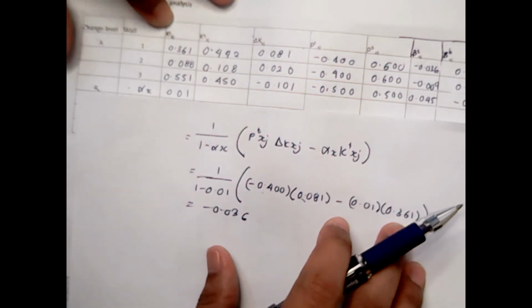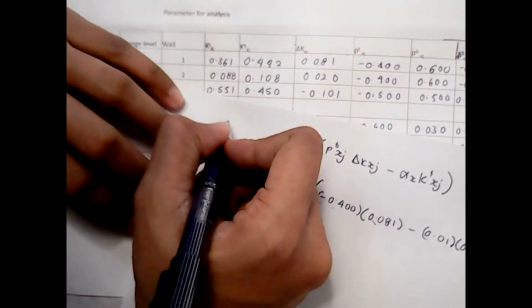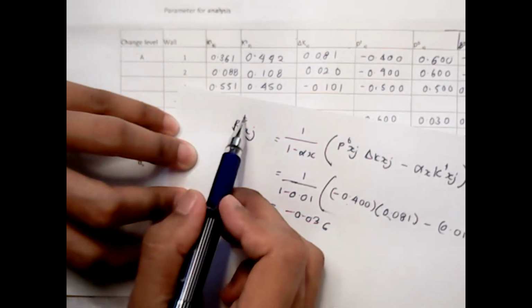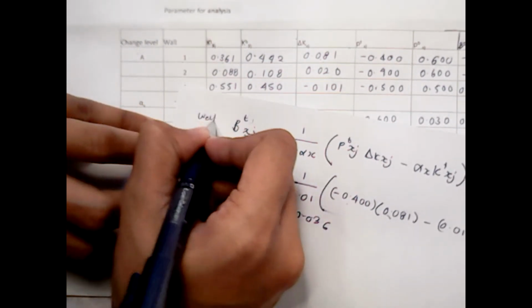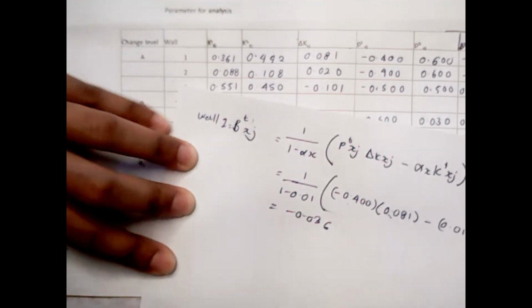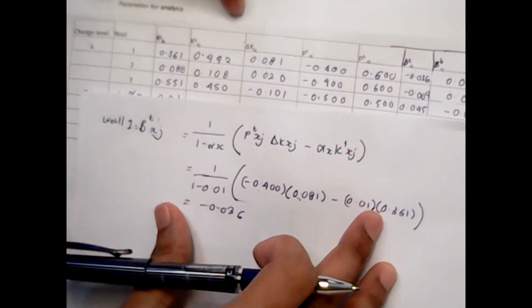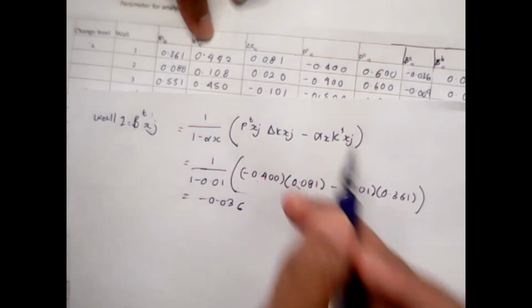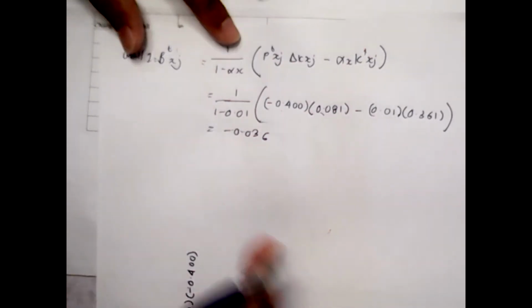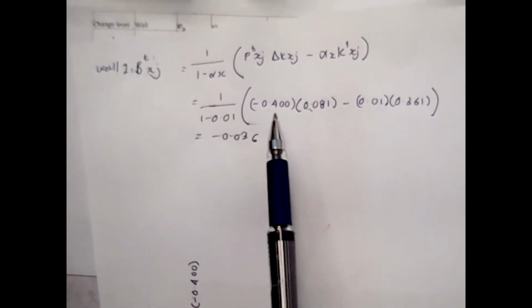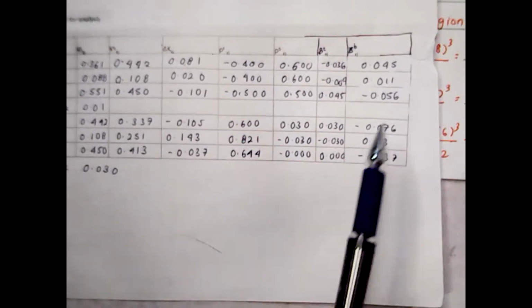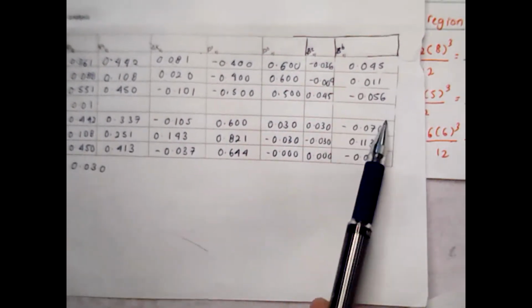If you are calculating for this one, it is the BTXJ, the parameter for top at wall 1. If you are calculating for wall 2, make sure you use KBXJ here instead of KTXJ. That's how you calculate, and you can calculate similarly for the rest of the values in this box.